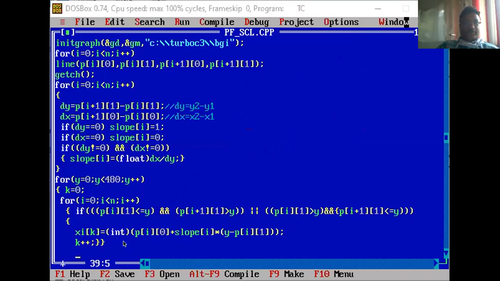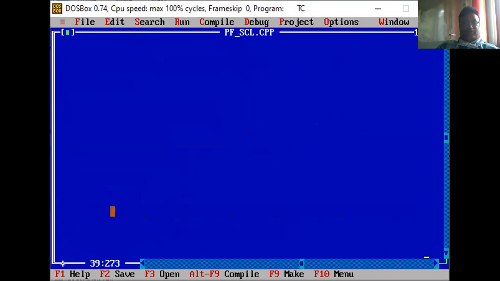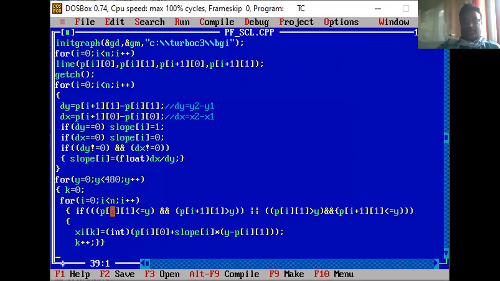Okay, so just go to the screen. For this intersection you have to arrange, so you have to start the loop for j equals 0. Suppose this is my j loop, j less than k, whatever intersections you have got, k minus 1, with j plus plus.